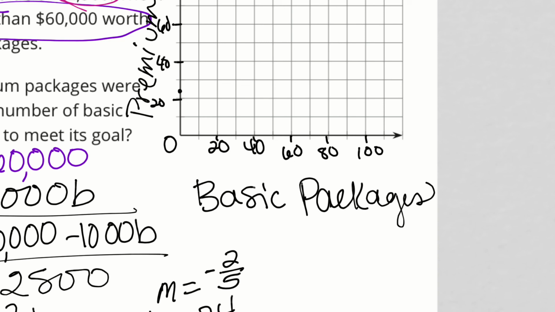Close to the 20, slightly below the halfway point in between, because this would be 30. Then we're going to go down 2, and over 1, 2, 3, 4, 5. Is my line, which I meant to do in a different color, let me switch that out.